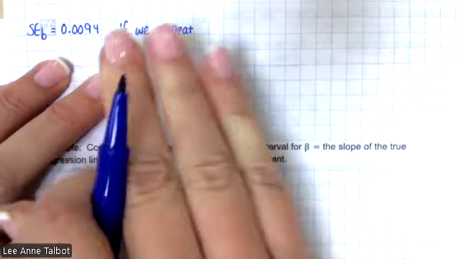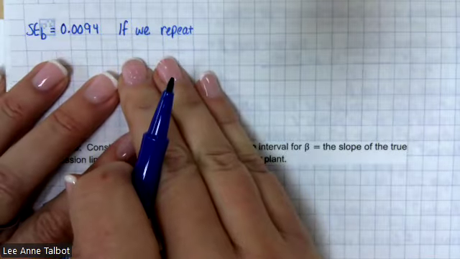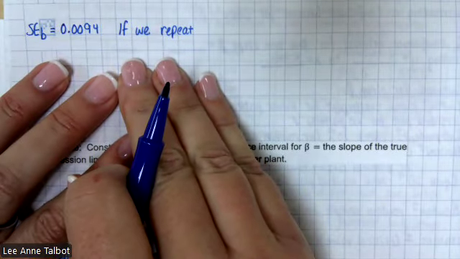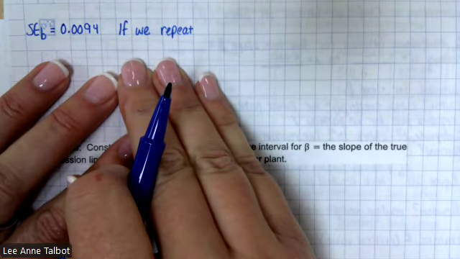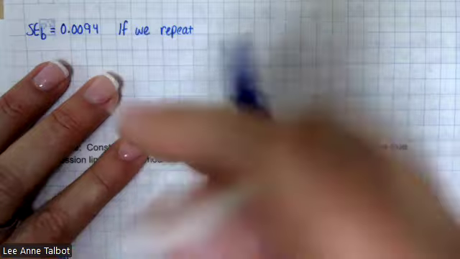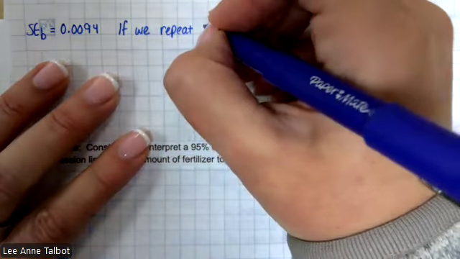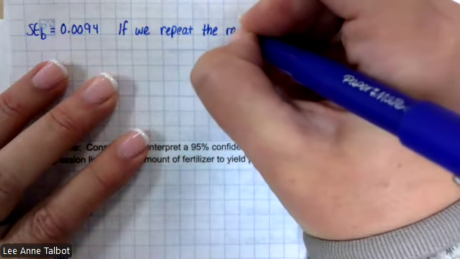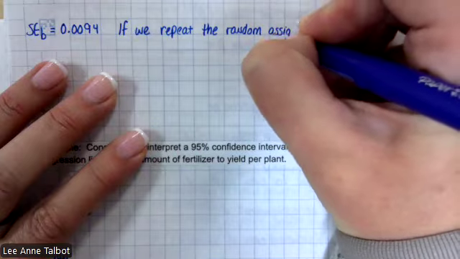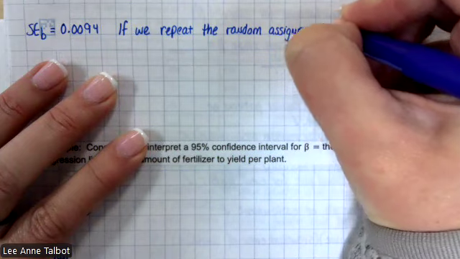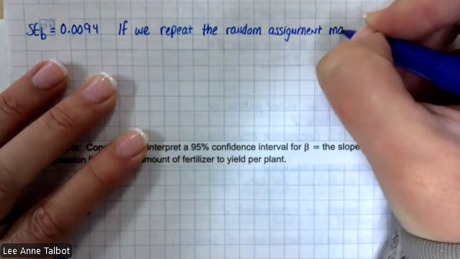Now this is supposed to start, if we take many random samples of size blank. This particular problem is random assignment though. So I'm going to say if we repeat the random assignment many times.